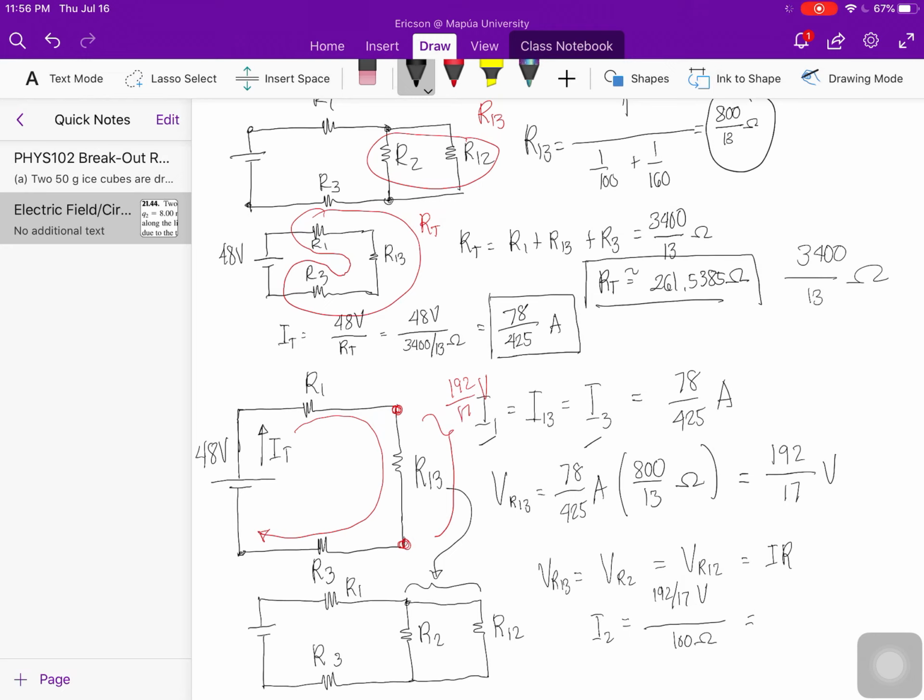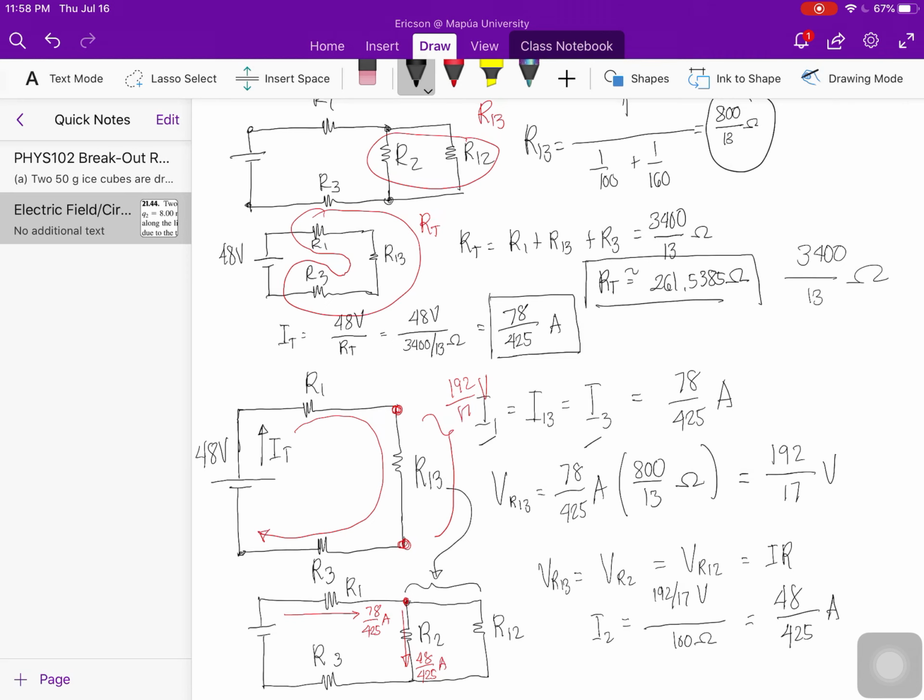That is 192 divided by 17 divided by 100 equals 48 over 425 amperes. Look, the current that goes inside this junction is 78 over 425 amperes. Now, the current passing through R2, as we computed, is 48 over 425 amperes.